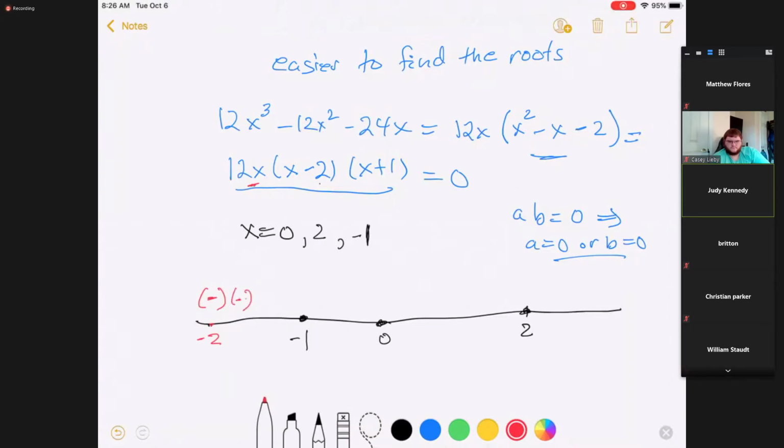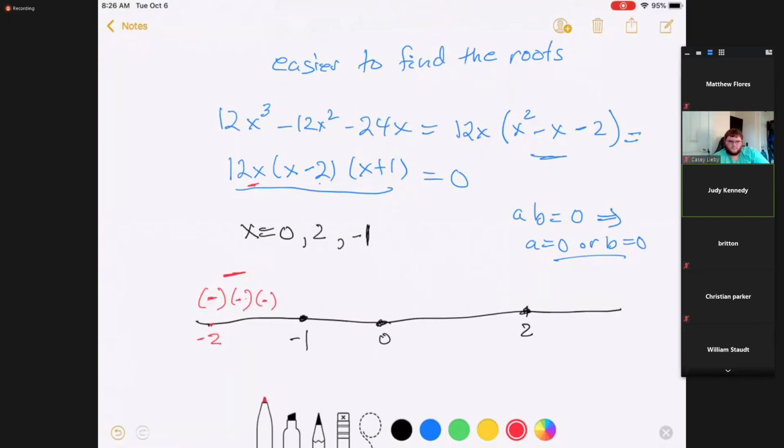And at minus 2, minus 2 plus 1 is minus 1. That's also negative. Okay, so a negative times a negative times a negative is a negative number. The derivative is negative on the interval.